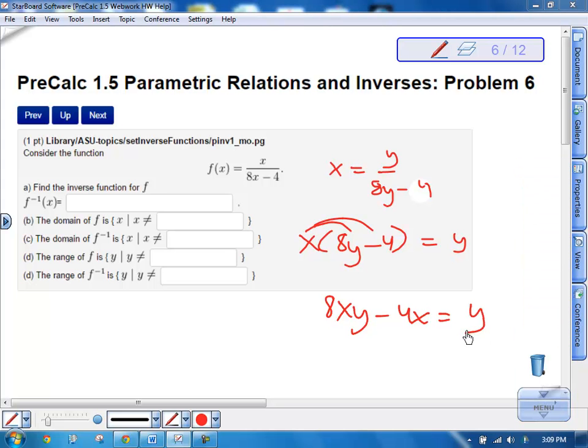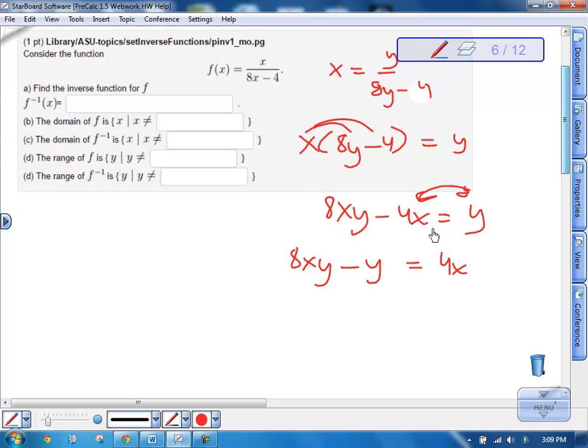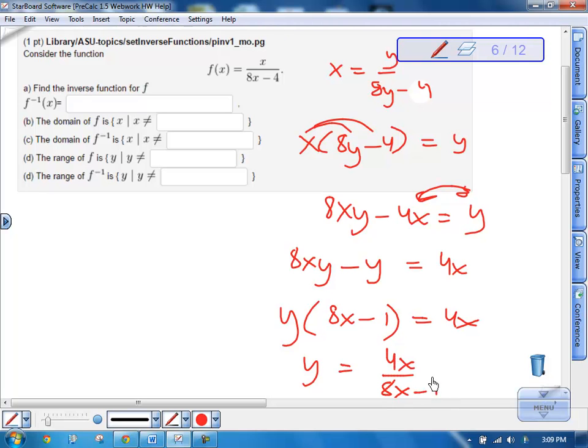I'll get the y's together on one side, so I'll have 8xy minus y equals 4x. And then I'll factor out a y. So that gives me y times 8x minus 1 equals 4x. And then I'll divide both sides by this quantity. So I get 4x over 8x minus 1. That is my function for my inverse.